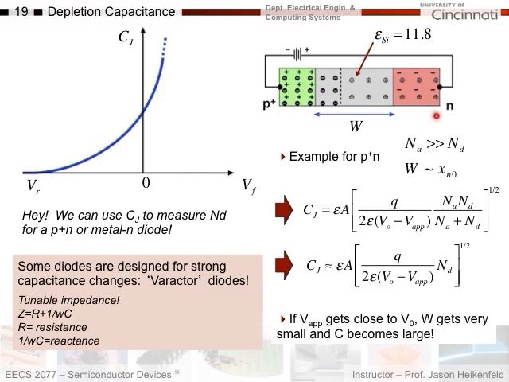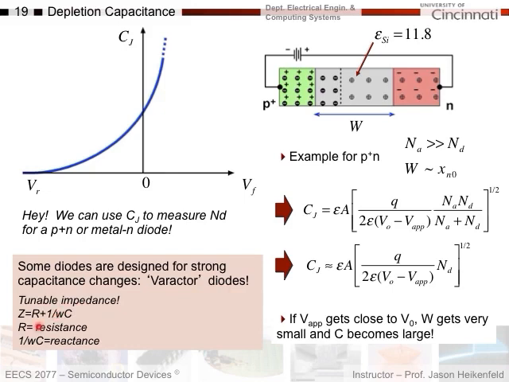The first thing that's interesting about this is that I could design a diode for a strong capacitance change, and those are called Varactor diodes. Why is that called a Varactor diode? Well, the main reason is that you get a tunable reactance. So remember, impedance Z is equal to resistance plus 1 over omega C, where C is the capacitance, and I put my frequency here into omega, right?